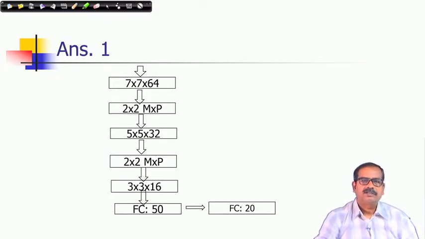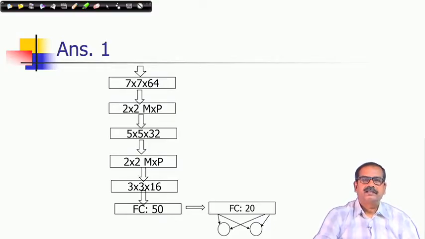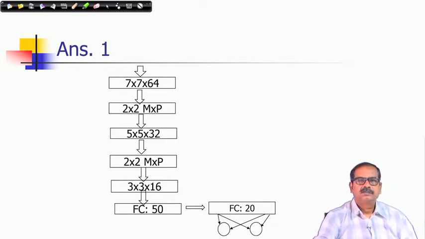The output from this layer is also fed to another fully connected layer of 20 neurons, and then those are again connected to output neurons. So, this is the output layer where there are 2 neurons, and it is used for the classification, because it is a 2 class classification problem. So, there are 2 neurons at the output. So, this is the schematic diagram of the architecture.